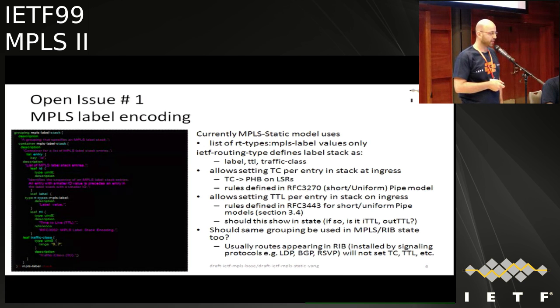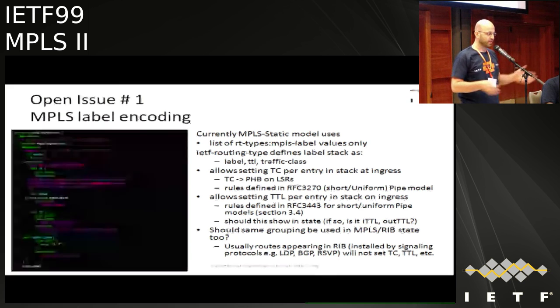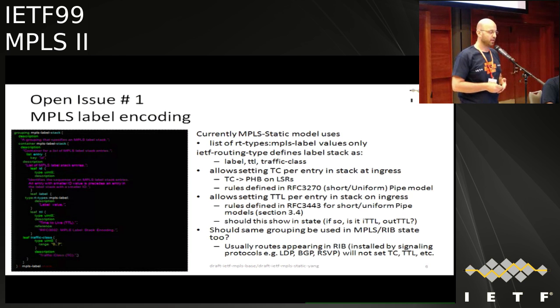They have defined an encoding which exposes the TTL, the traffic control, and the label value. So they expose the whole label when configuring a label stack. We wanted to have a discussion on whether we should allow specifying TTL for non-top labels, for every label in the stack that we're trying to push, and whether we should allow specifying traffic control or traffic class per label.